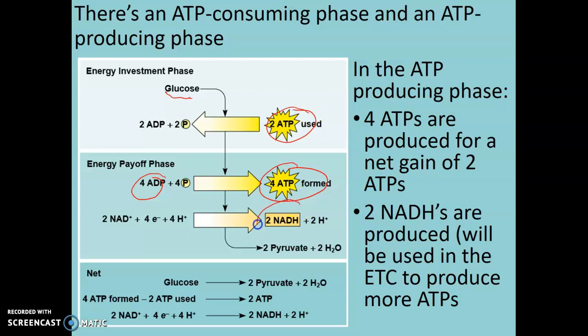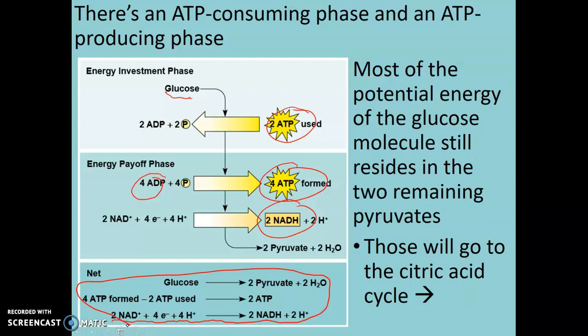And 2 NADHs are produced, which are going to be used in the electron transport chain to produce more ATPs. So this is our net gain from glycolysis: 2 pyruvates, 2 ATPs, and 2 NADHs, plus 2 waters.